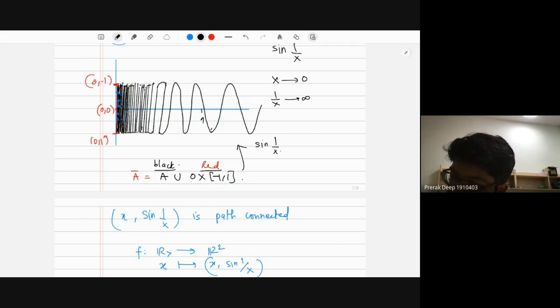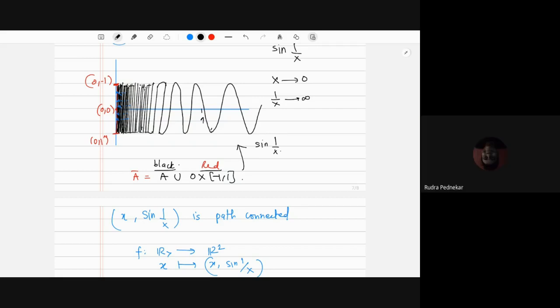X and Y are connected. Sir, X will be connected because it is a continuous function.